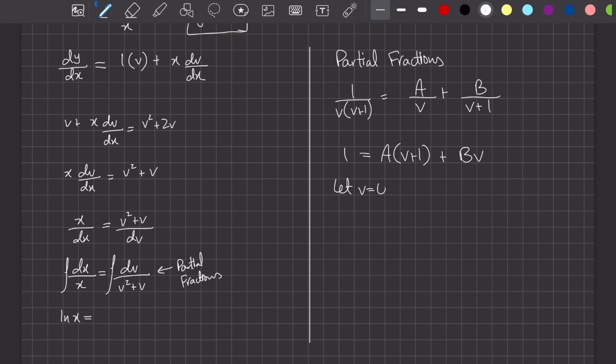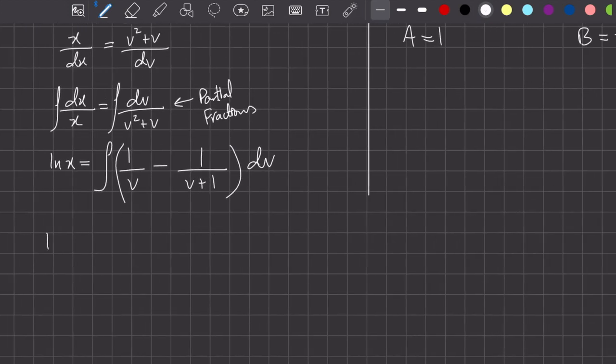Now choose v as 0 to get a as 1, and choose v as -1 to get b as -1. Now we can integrate this to get ln v minus ln v plus 1 plus c.